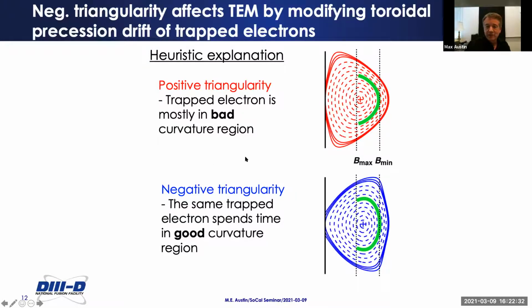And we could come up with this heuristic explanation: if you look at the trapped particle orbits for electrons in positive triangularity, the trapped electron is mostly in the bad curvature region, whereas in negative triangularity, the same trapped electron spends a portion of its time in the good curvature region, and this is basically weakening the TEM mode. So the shape fundamentally changes the way the turbulence contributes to transport.